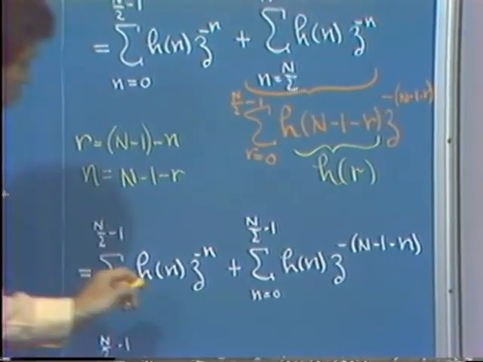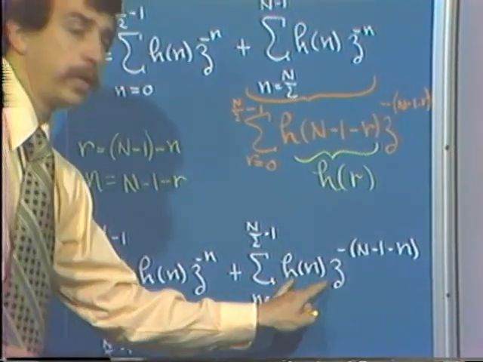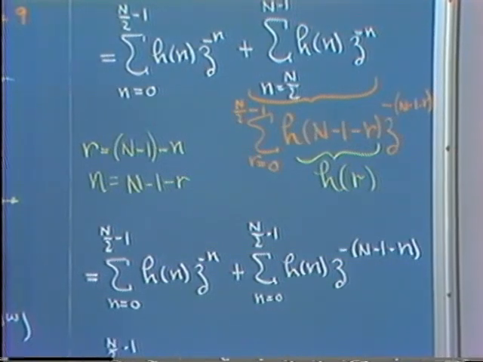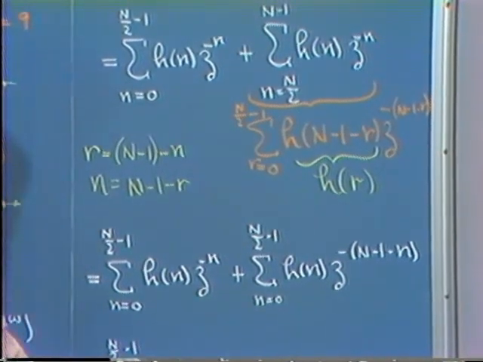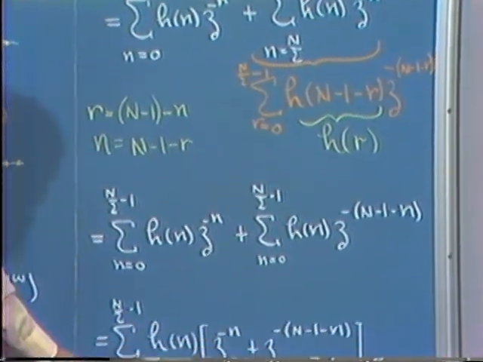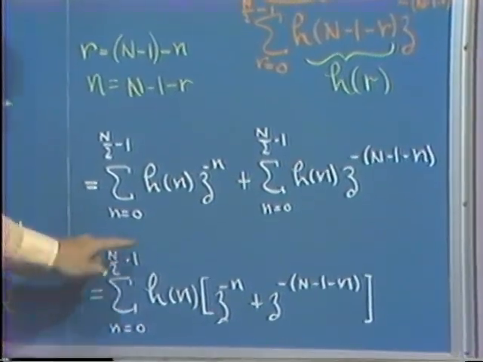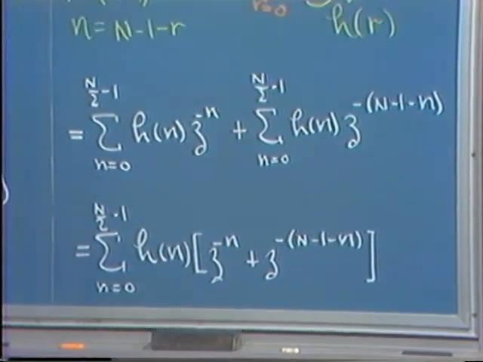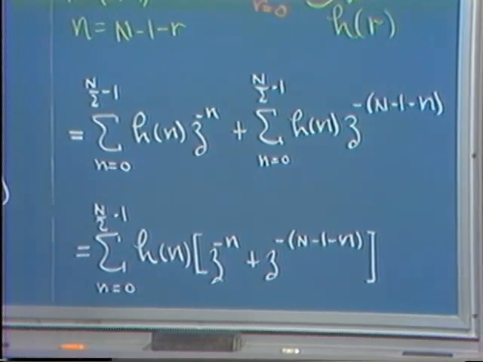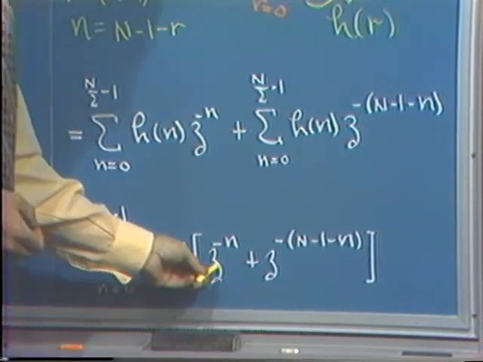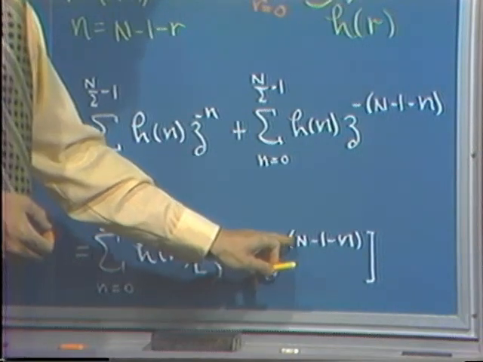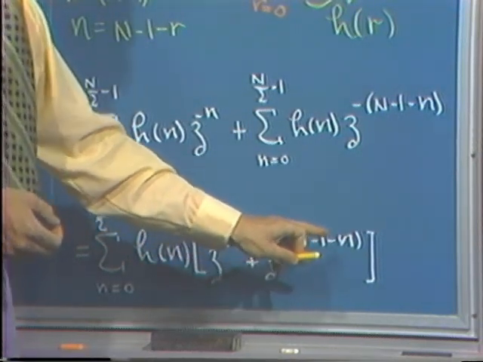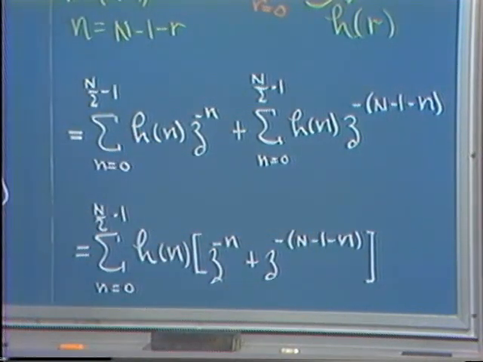And now, because we have h of n appearing in both of these sums, we can combine them into a single summation from 0 to N over 2 minus 1 of h of n, the values in the unit sample response, times z to the minus n plus z to the minus capital N minus 1 minus little n.